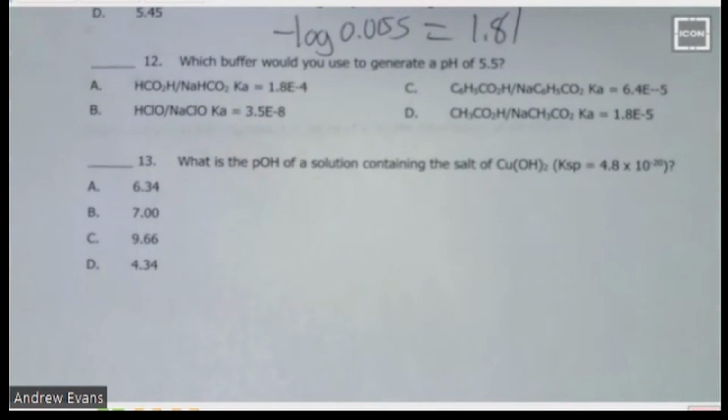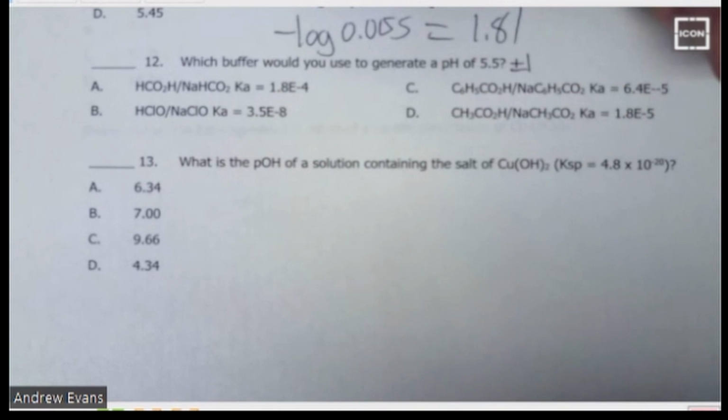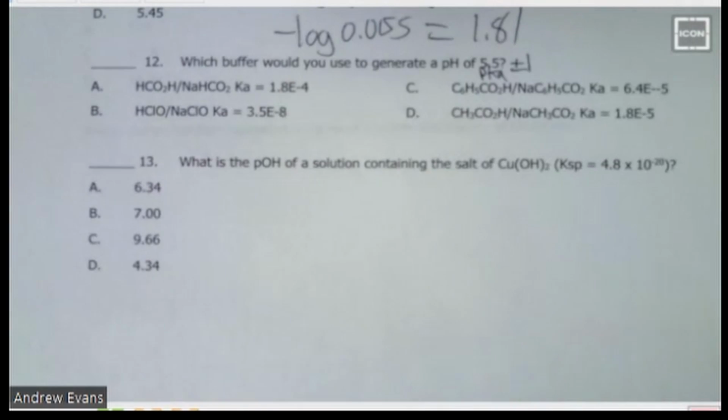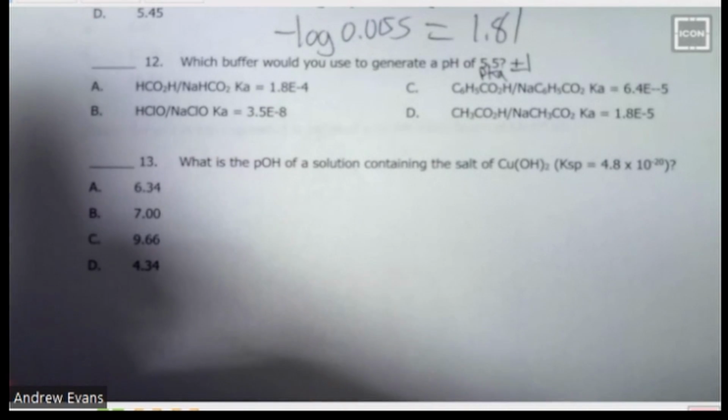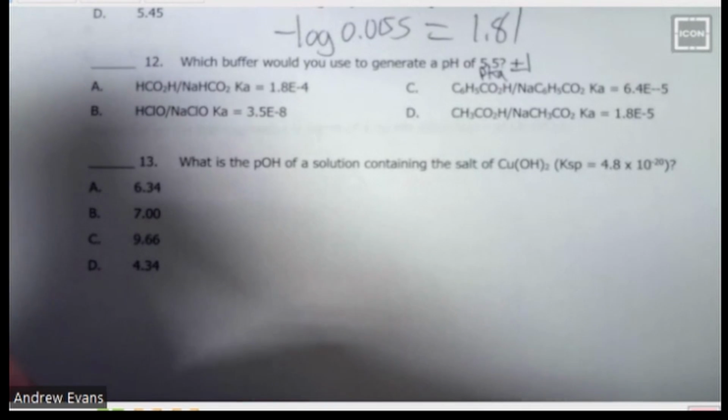Which buffer would be used to generate pH of 5.55? So you want a buffer that is plus or minus 1 from the pKa. So find the pKa's of each of these. Negative log of 1.8 times 10 to the negative 4. pKa of 3.74. So, nah.